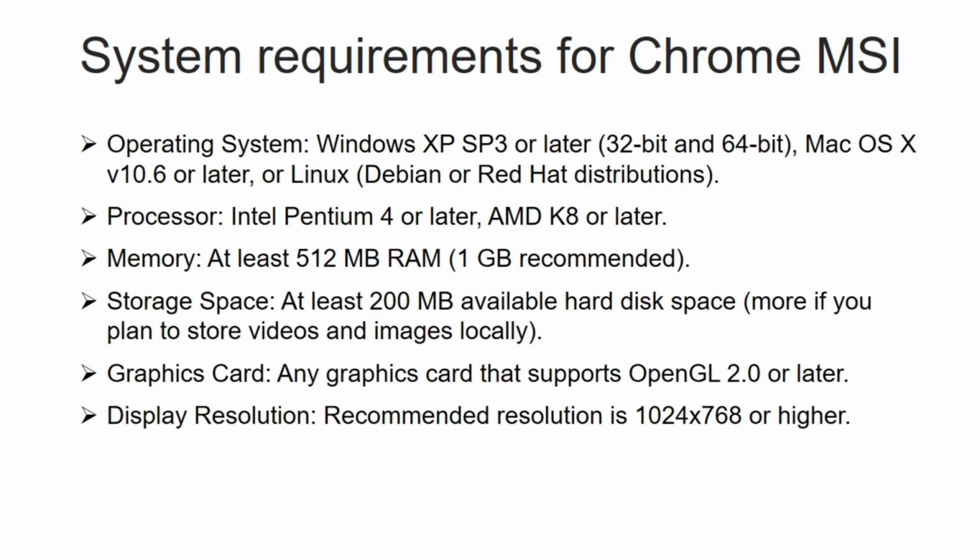Storage space: at least 200 GB available hard disk space, more if you plan to store Windows and images locally. Graphics: any graphics card that supports OpenGL 2.0 or later. Display resolution recommended: 1024x768 or higher.